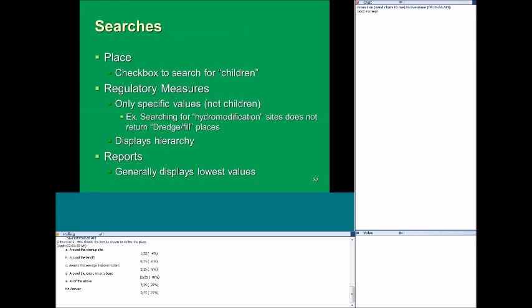We want to note about searches. In the place module itself, when you're searching for a place, there's a checkbox that allows you to search for children of what you're searching for. So if you're searching for a utility or a domestic site, that's one that we talked about already.